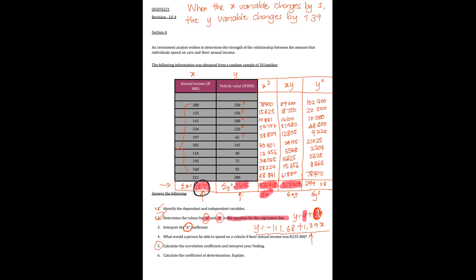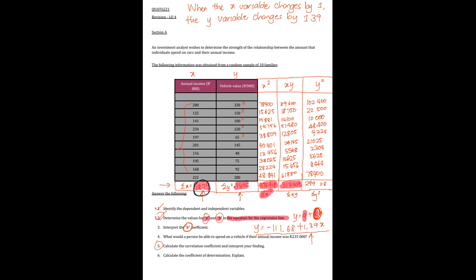Okay, so I've written down the interpretation for you for the b coefficient. So as I said, you have 1.39 as your value for b. Now the fact that it's attached to x tells you that you're going to use x in your interpretation.